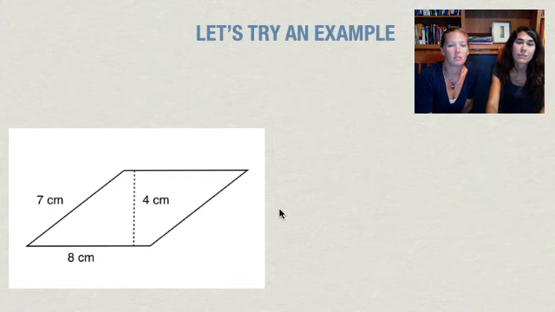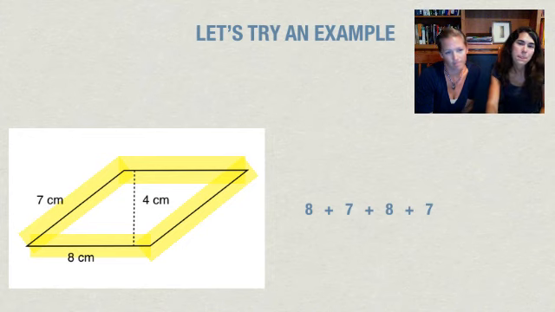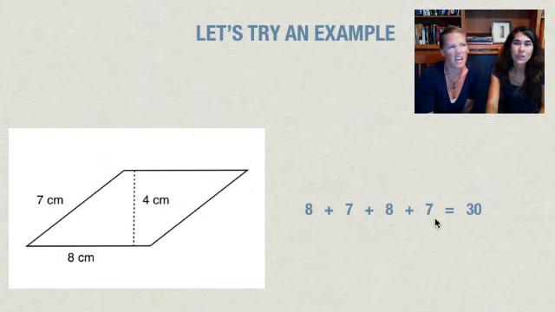But no. So we are going to add 8 plus 7 plus 8 plus 7. Make sense? All right, and that will equal 30. Are we done though? We still need one more thing. We have to add the label. So now we have 30 centimeters.